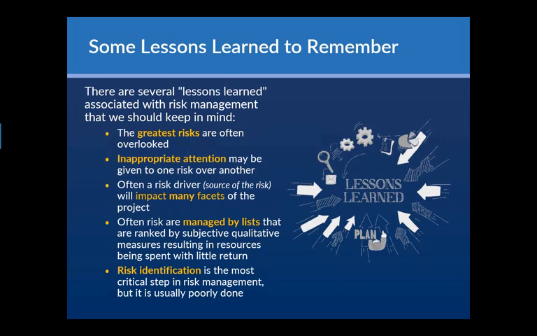The next one: we need to have a way of managing, and a lot of the time managing means the risk register, which is a list. Be careful. All of these risks in that register need to be handled and looked at differently, so don't go line by line. Look at it as a whole, look at the connections.